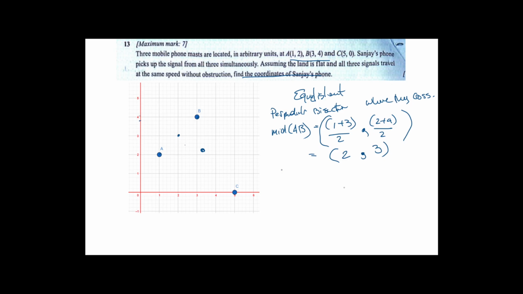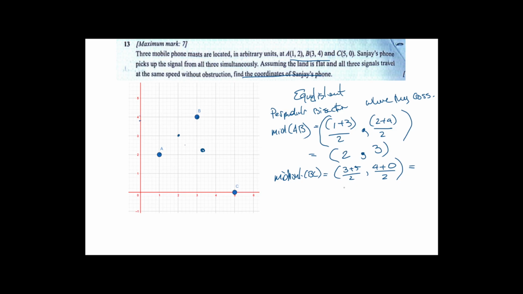Okay, now we're going to be looking for the midpoint of B and C. So the midpoint of B and C is going to be 3 plus 5 over 2, because those are the x coordinates for B and C, and it's going to be 4 plus nothing over 2 for the y.